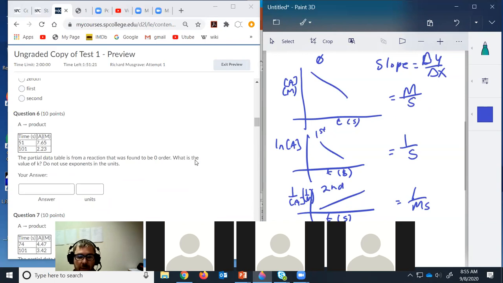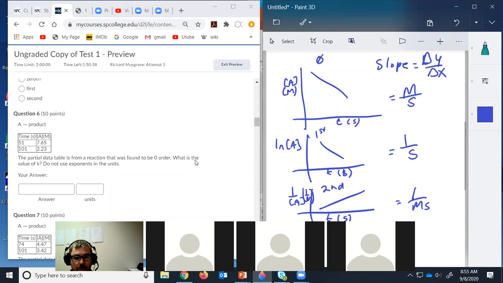So it depends on the order as to what the unit's going to be, but you can work it out by doing a little graph and then just plugging in the units using the slope equation. Is that clear? Anybody have any questions?